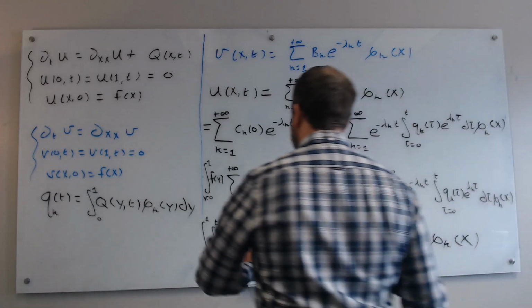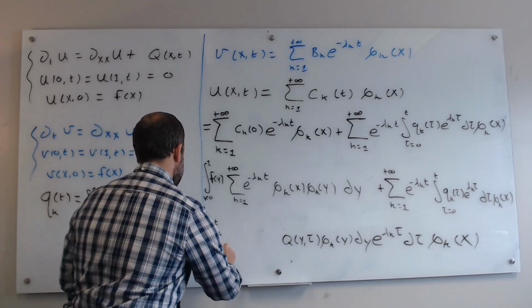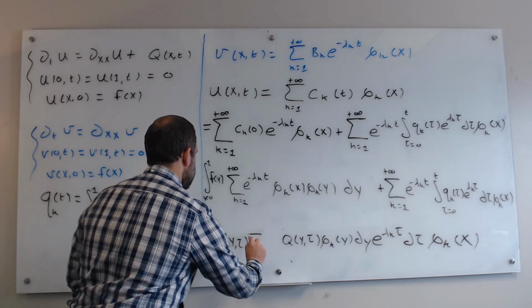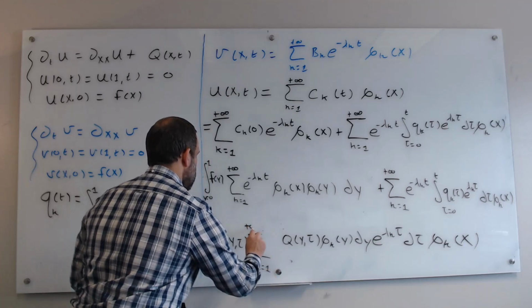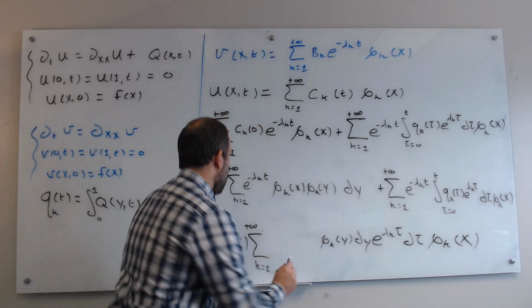So I'm going to do a couple of things. I'm going to move the q of y tau over here. So I'm going to have q of y tau, and then I'm going to have my sum, k equals 1 to infinity. Now I'm going to have my exponential. I'm going to combine that into 1.